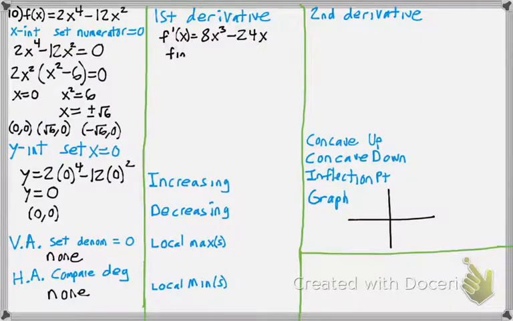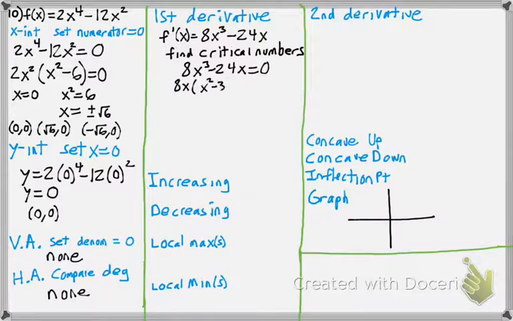So find the critical numbers. So 8x cubed minus 24x is equal to 0. And then if you factor out an 8x, that's going to leave you with x squared minus 3.